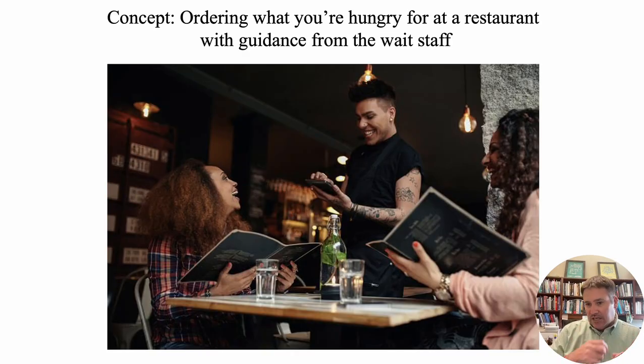So I'm going to use this concept throughout this talk that we're at a restaurant, okay, and we're hungry. We've got a menu in front of us. It's an ample menu. And with guidance from the wait staff, we're going to order what we're hungry for.